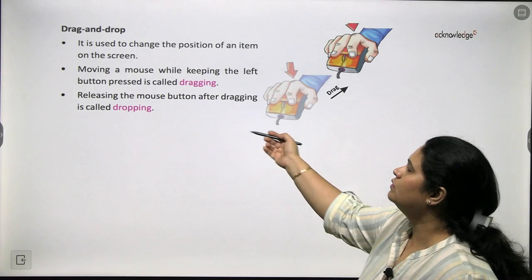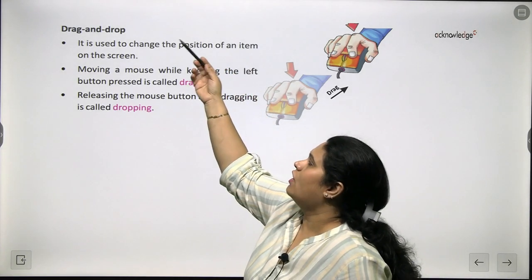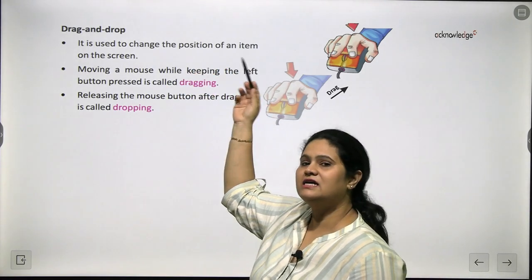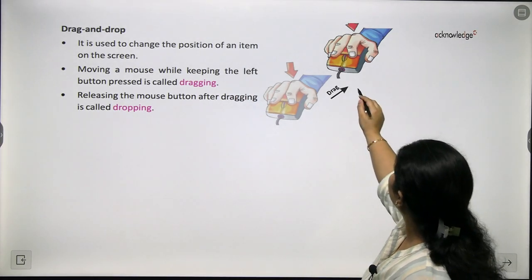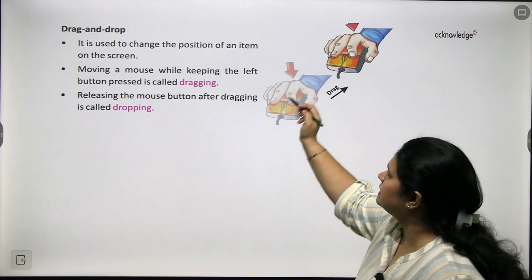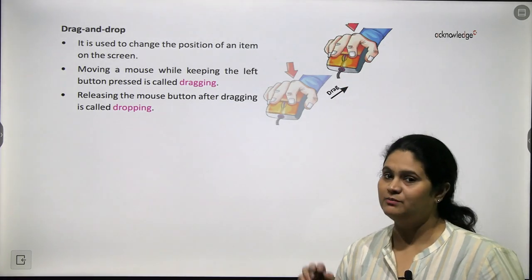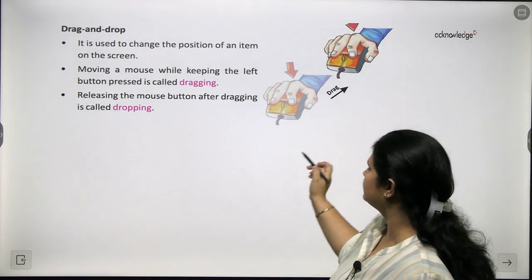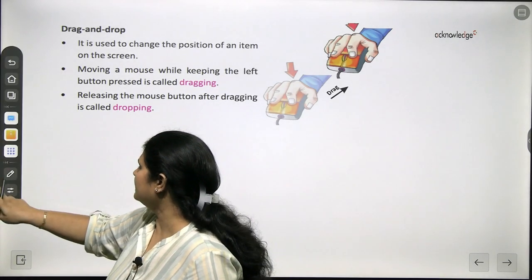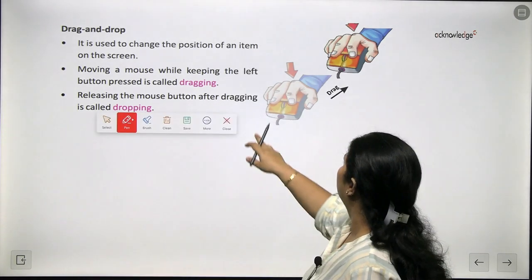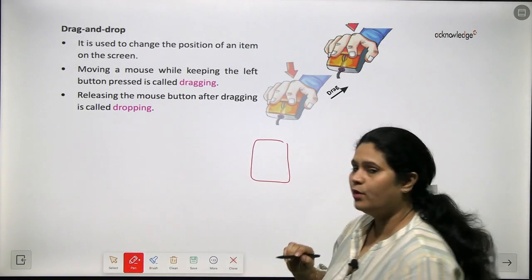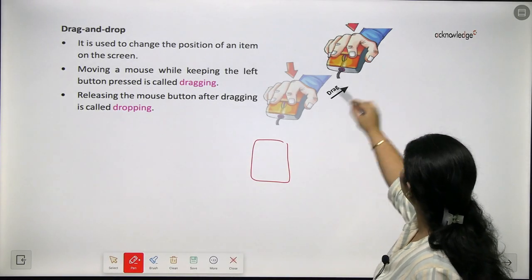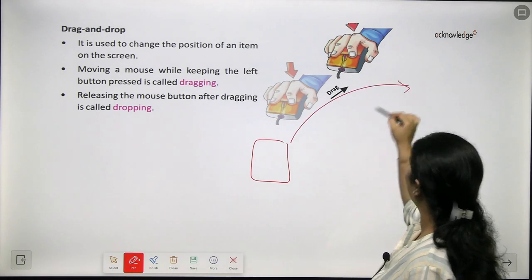Also, we can use the mouse for dragging and dropping. How do you use it? It is used to change the position of an item on the screen. Suppose there is an icon that is placed, say, over here, and I want to move this to this place, right? So, what I will do?